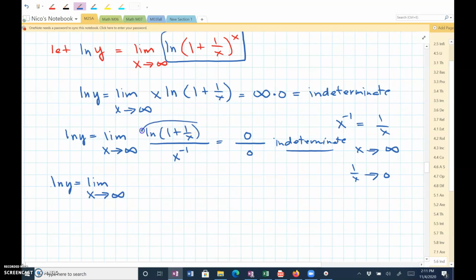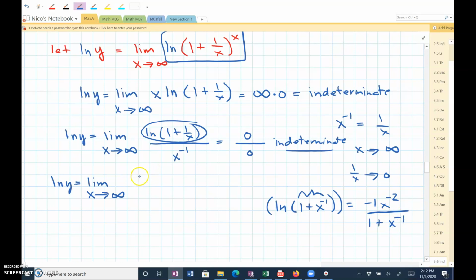So when I take the derivative here, let's see, the derivative of this is going to be negative 1x to the negative second all over 1 plus x to the negative first.